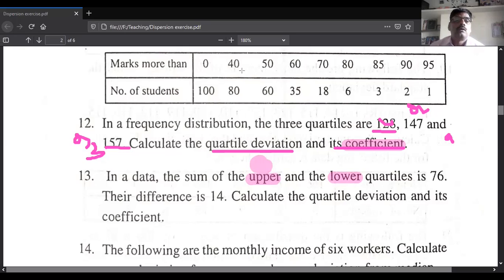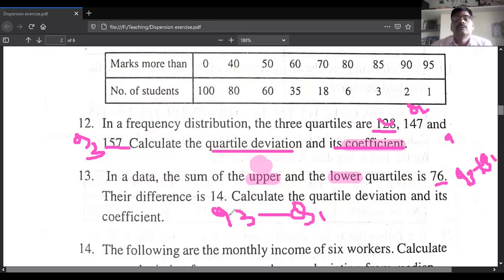So here Q3 plus Q1 is 76, and this 14 is Q3 minus Q1.